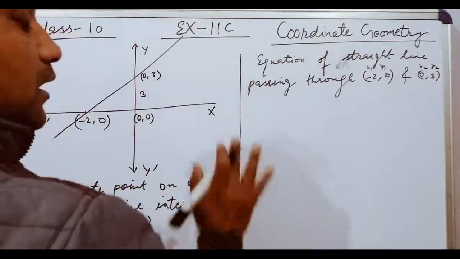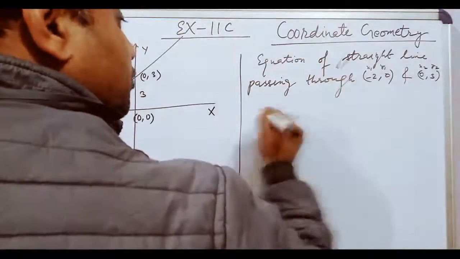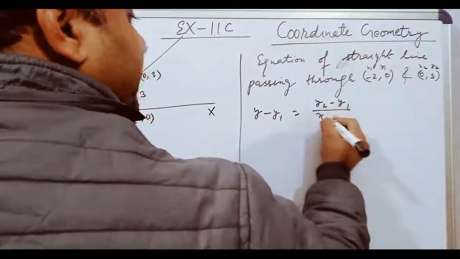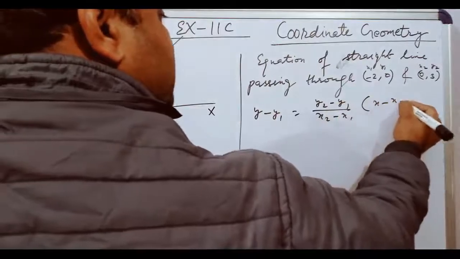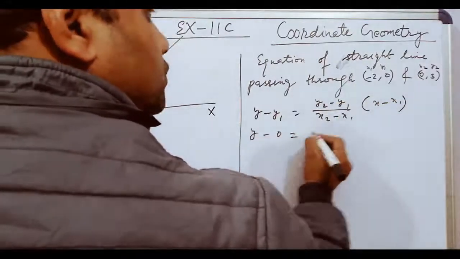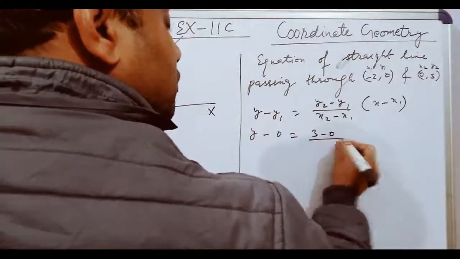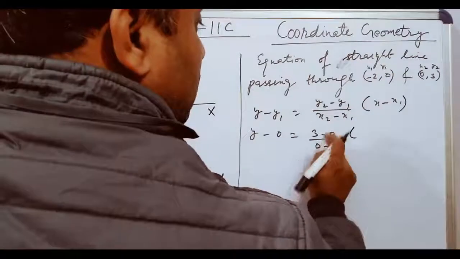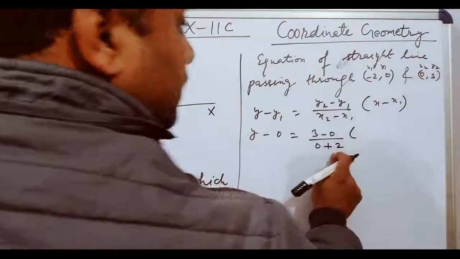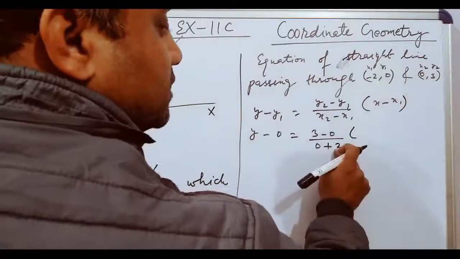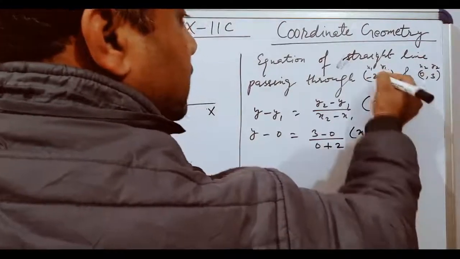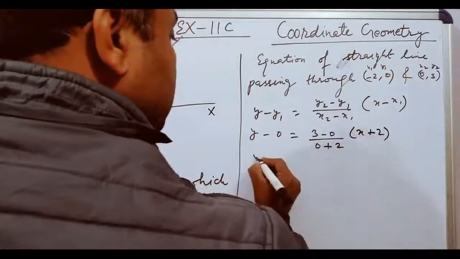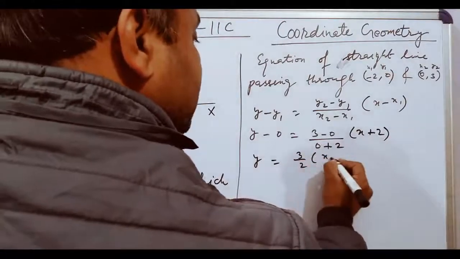The equation of a straight line passing through 2 points: y minus y1 equal to (y2 minus y1) upon (x2 minus x1) times (x minus x1). Y minus 0 equal to (3 minus 0) upon (0 minus minus 2), which is 3 upon 2, times (x plus 2).